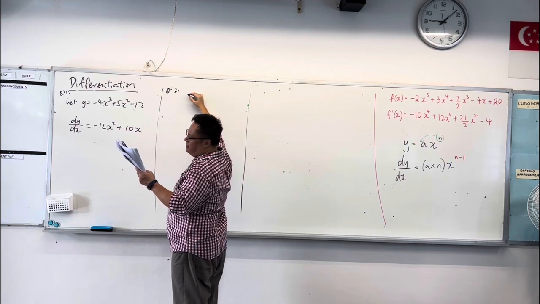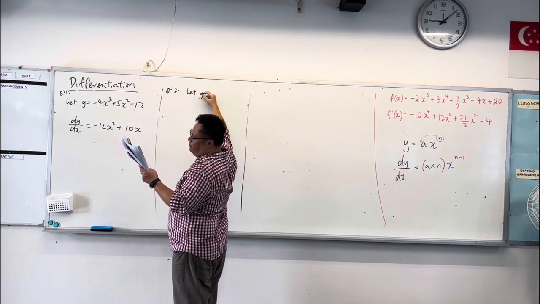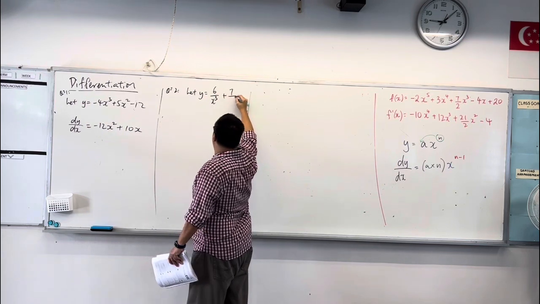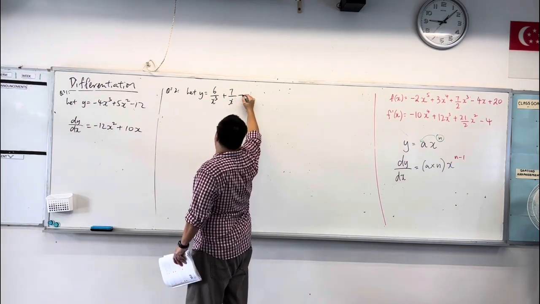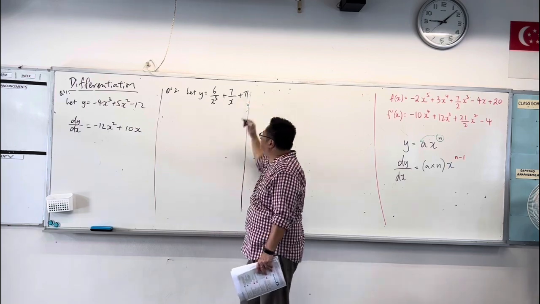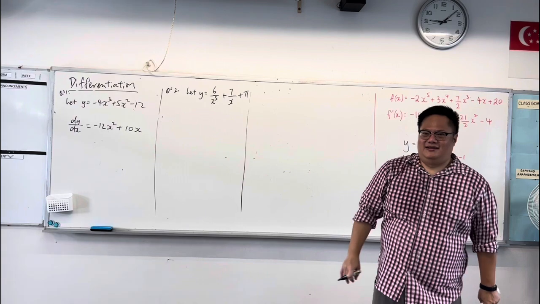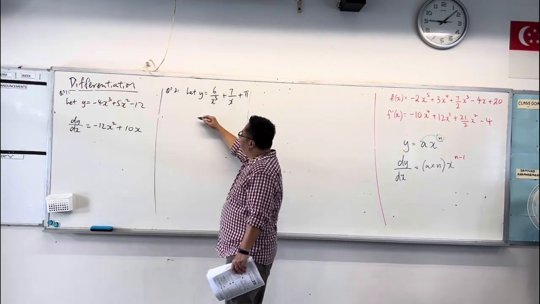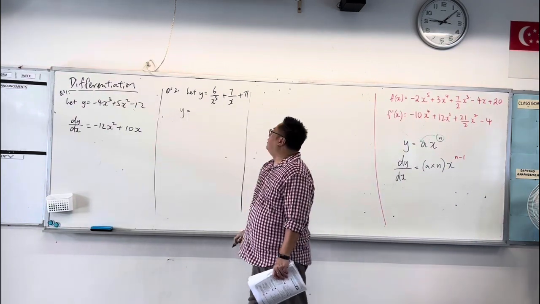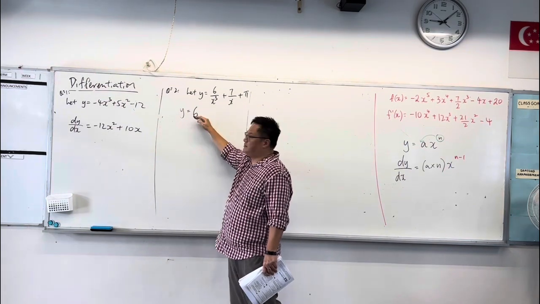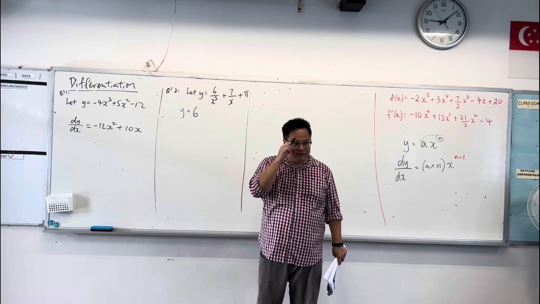Let y be equals to 6 over x cubed plus 7 over x squared, 7 over x plus pi. How do I differentiate this? Bring it up, write in index form. So you notice your sec 3 stuff is very important.